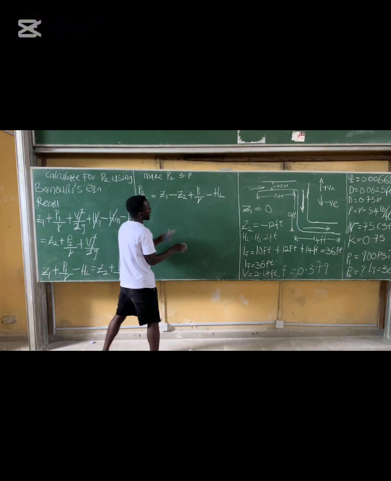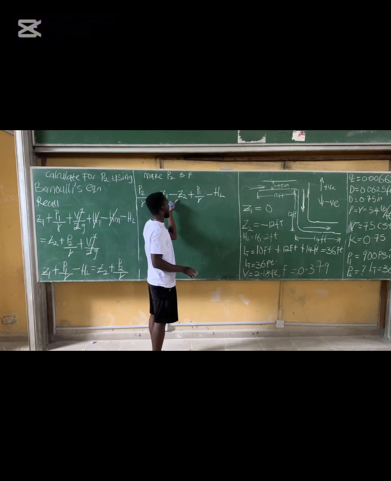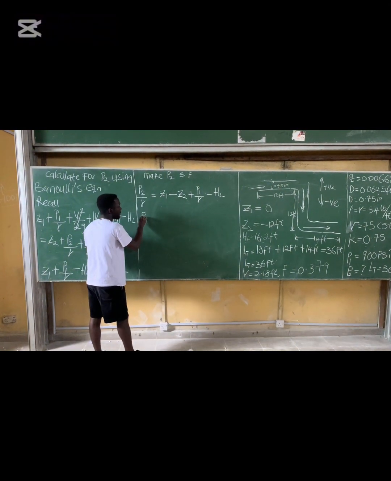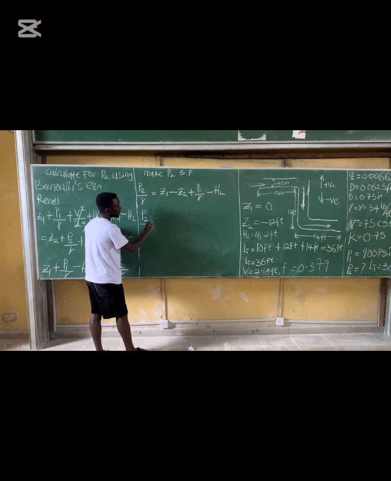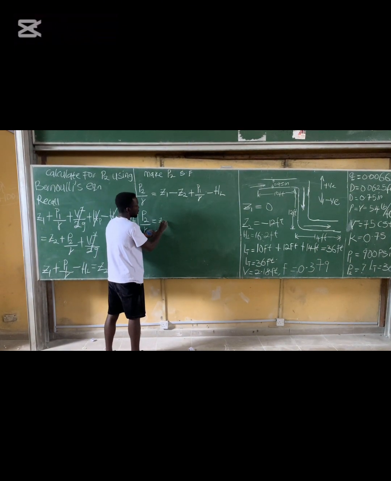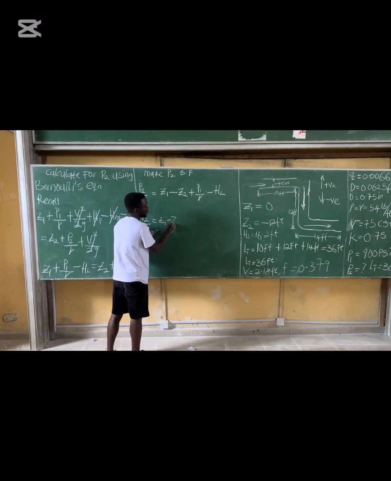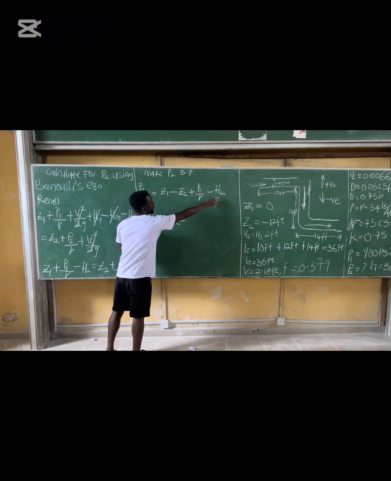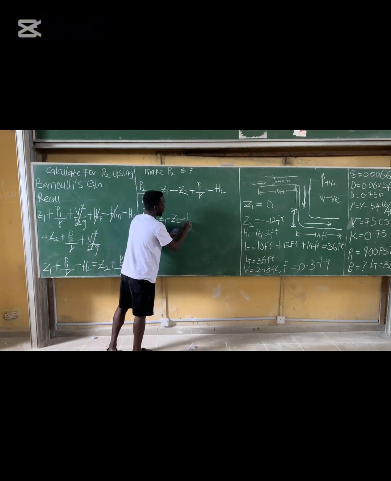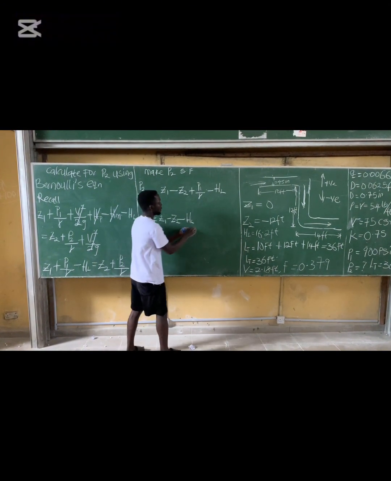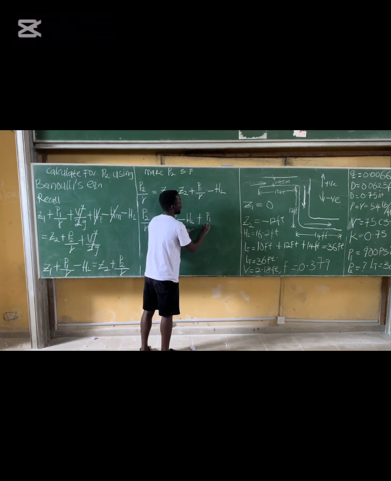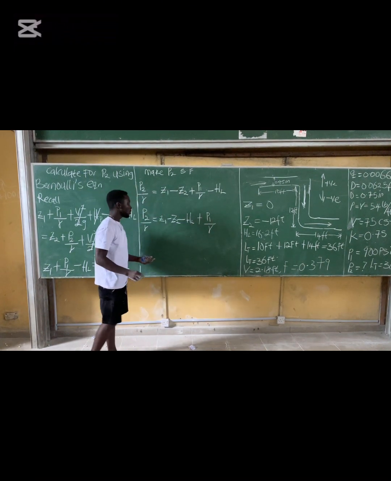So therefore, if we write this equation, putting head loss at this point here, we're going to have P2 divided by specific weight equal to Z1 minus Z2 minus head loss, then plus P1 divided by specific weight.